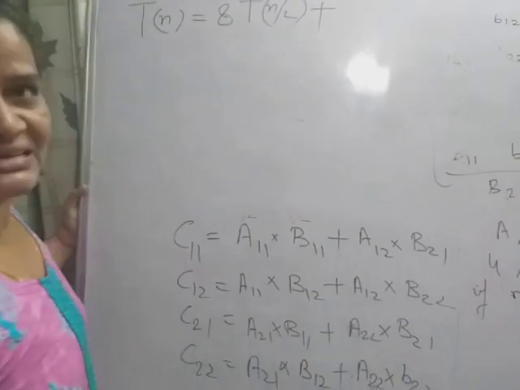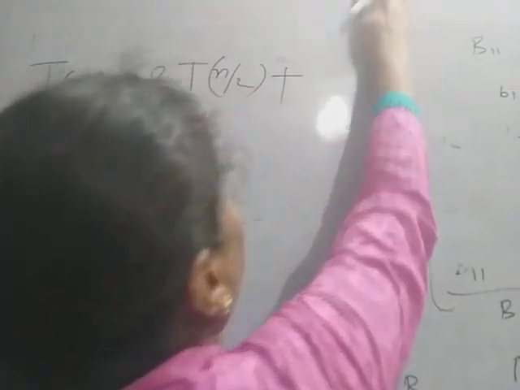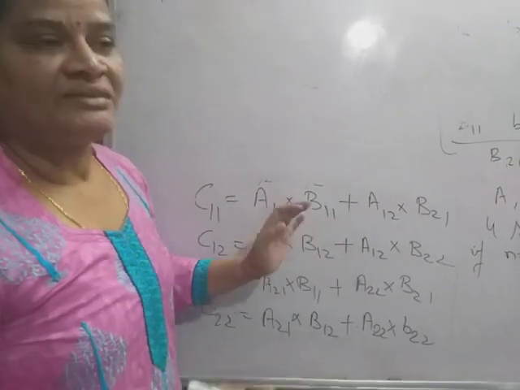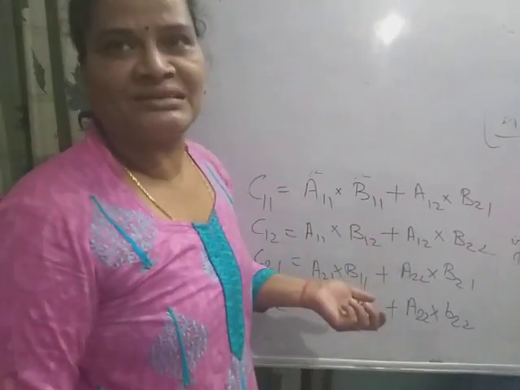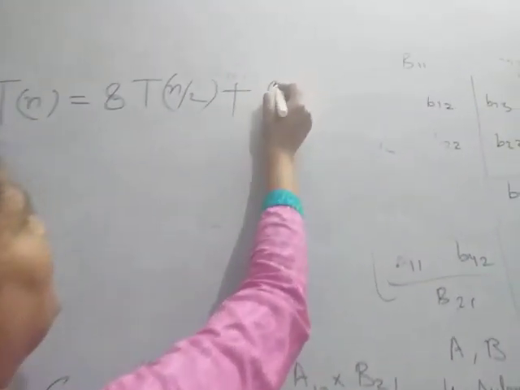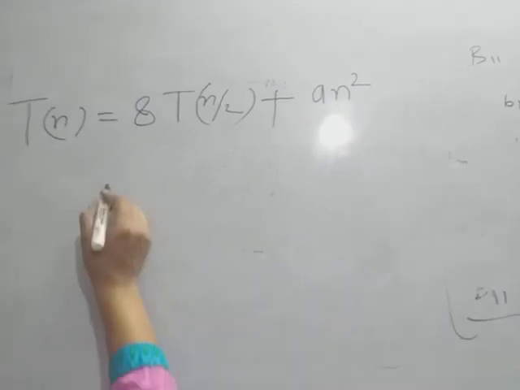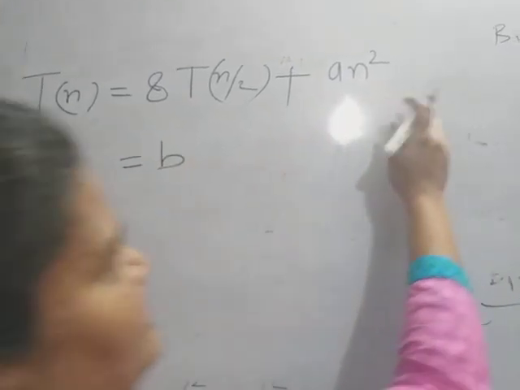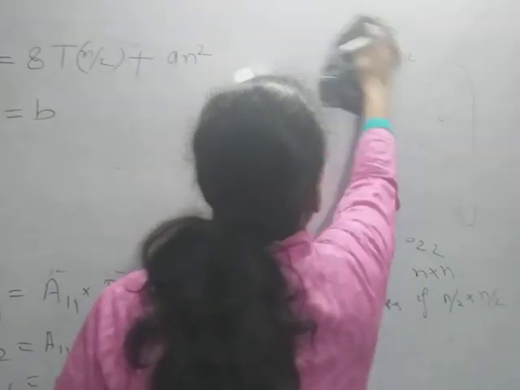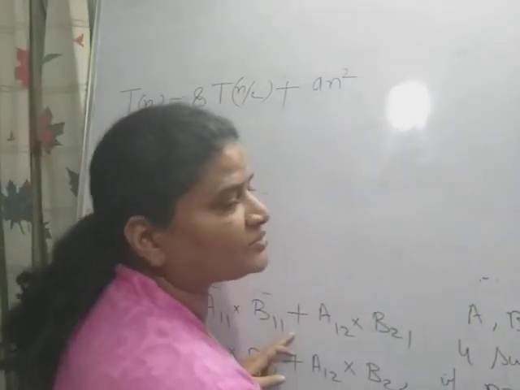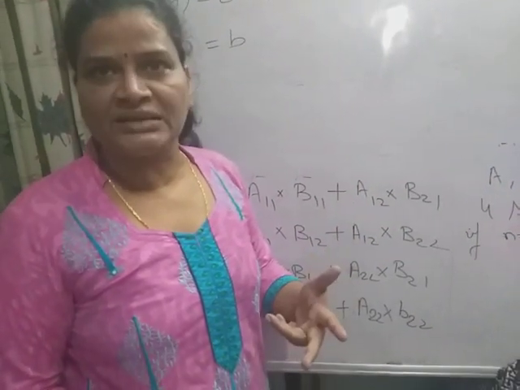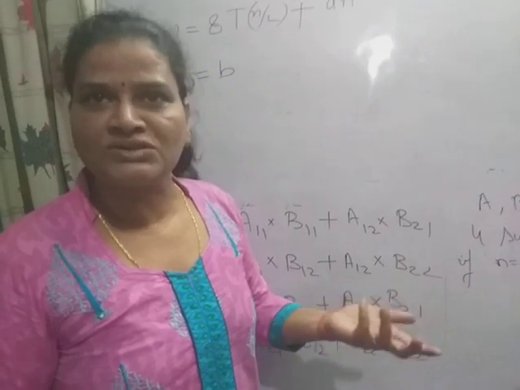the cost of addition, and here I am taking the addition as the addition of two matrices. When you add two matrices, the cost is n square, so a n square, and b. This is because for the addition of two matrices, two loops are required, so the complexity of addition of two matrices is order of n square.